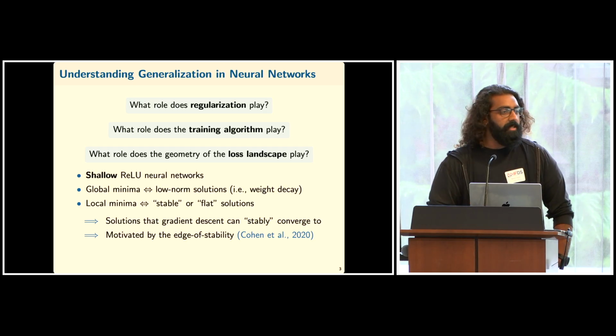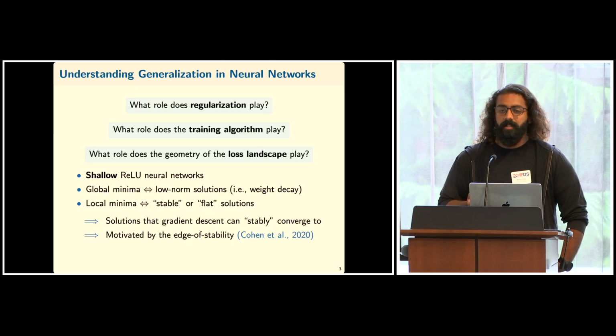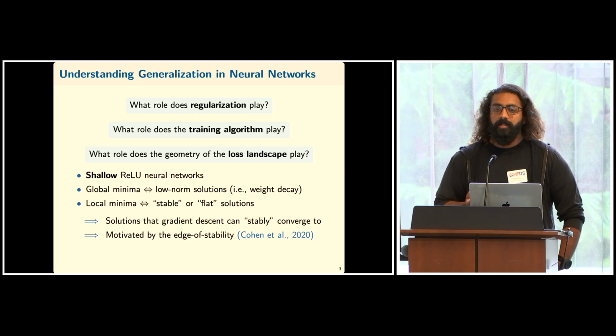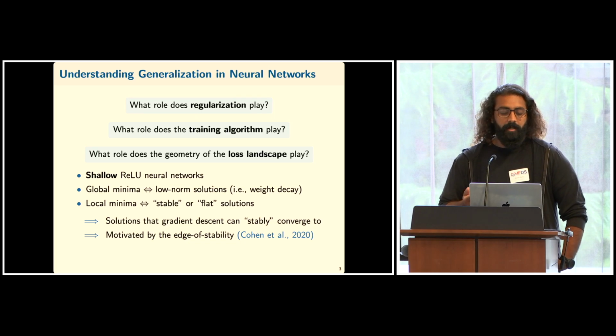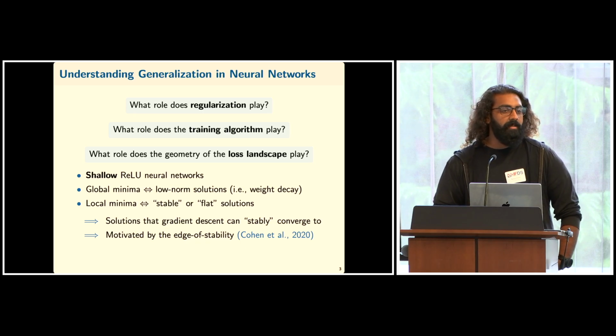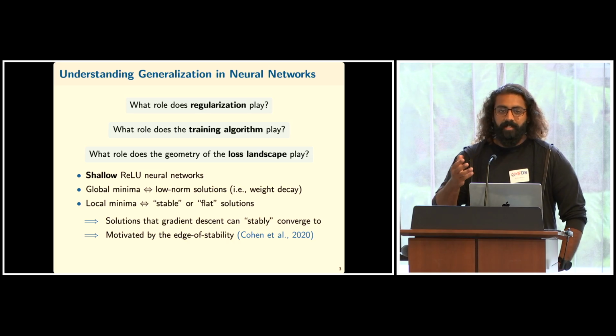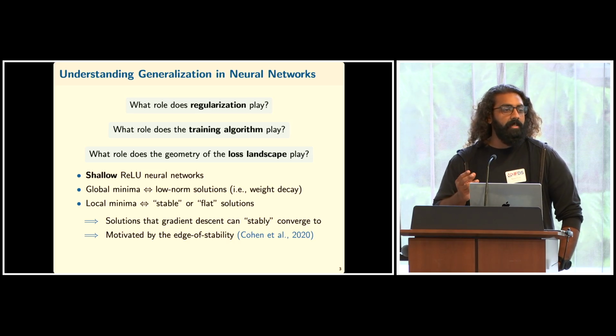In particular, these are the solutions that gradient descent can stably converge to, from the dynamical systems perspective, and this perspective is motivated by the recent edge of stability phenomenon. What we'll see today is that there's a separation between these two kinds of solutions, which I think is quite interesting and also tells us we really don't know what's going on.